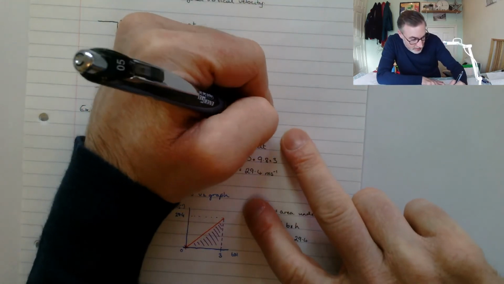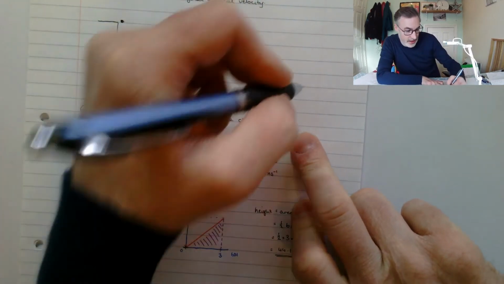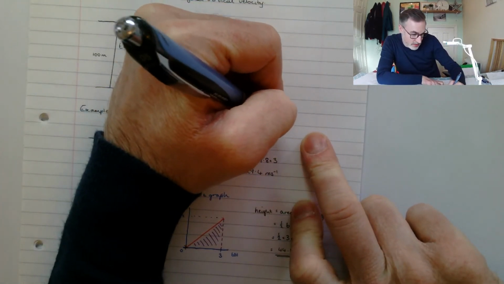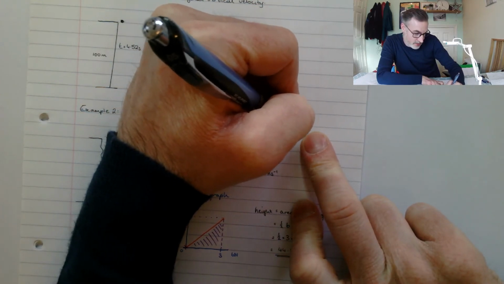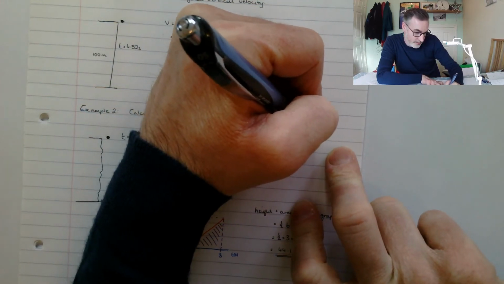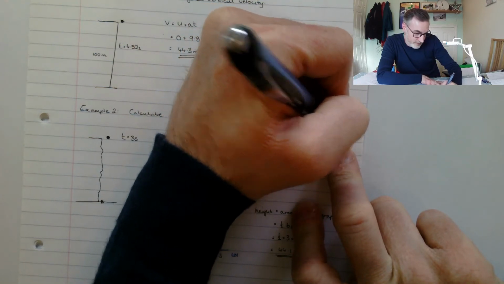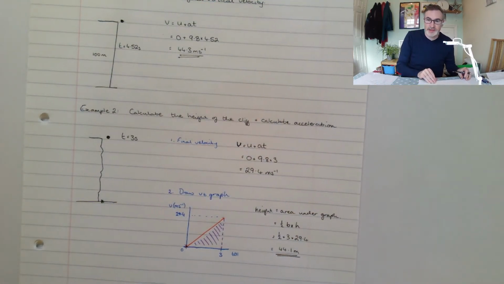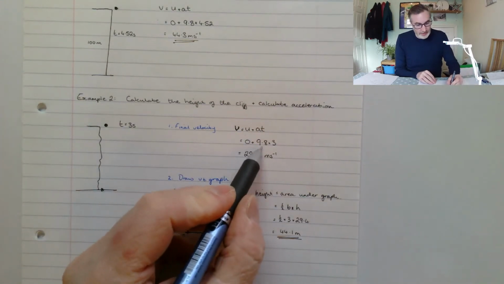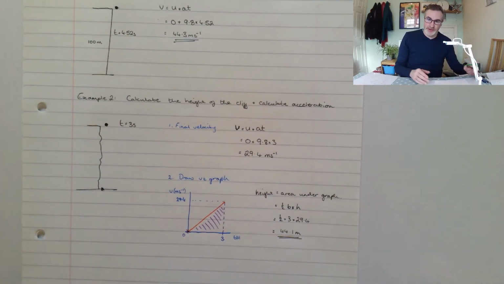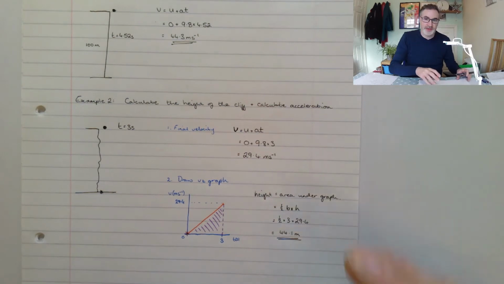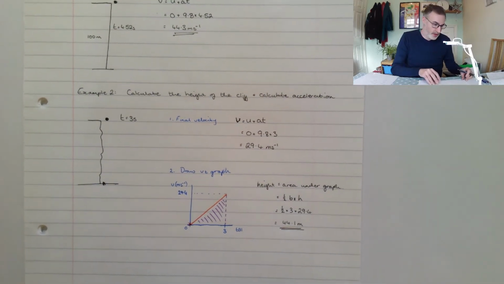Now I'm going to add in here, just because I can, plus calculate acceleration. Well, I've already used acceleration there, so I already know what it was, but because this is a worked example, I can do what I like.